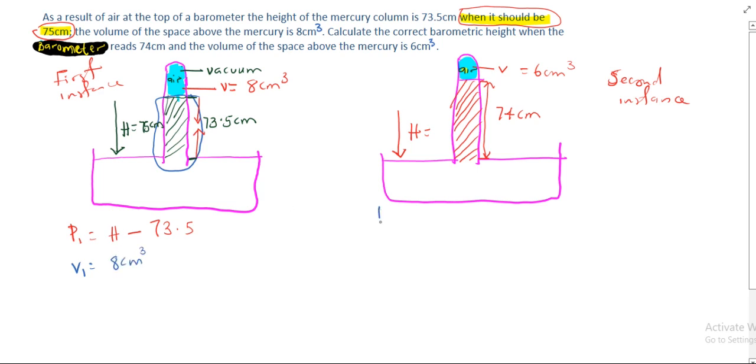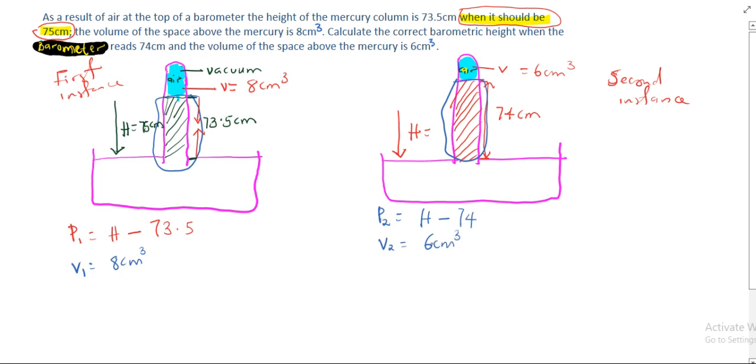In the second case, P2, the pressure on the air column, is also the atmospheric pressure minus the height of the mercury column again, which is 74. Our V2 is given as 6 centimeter cube.